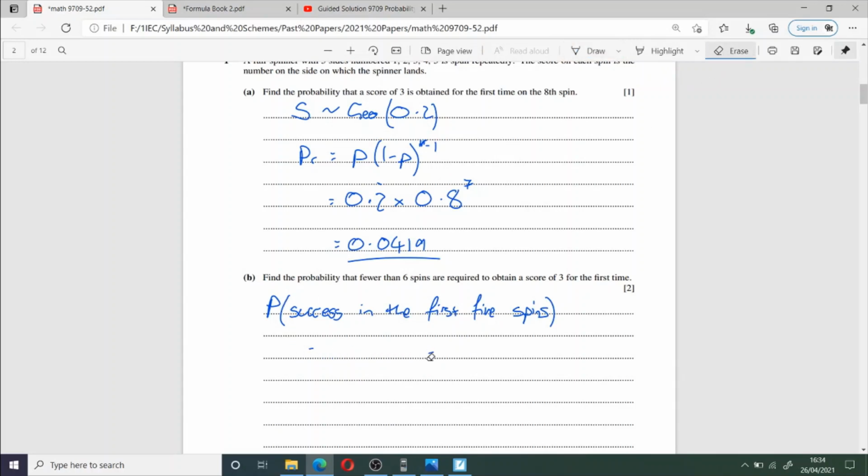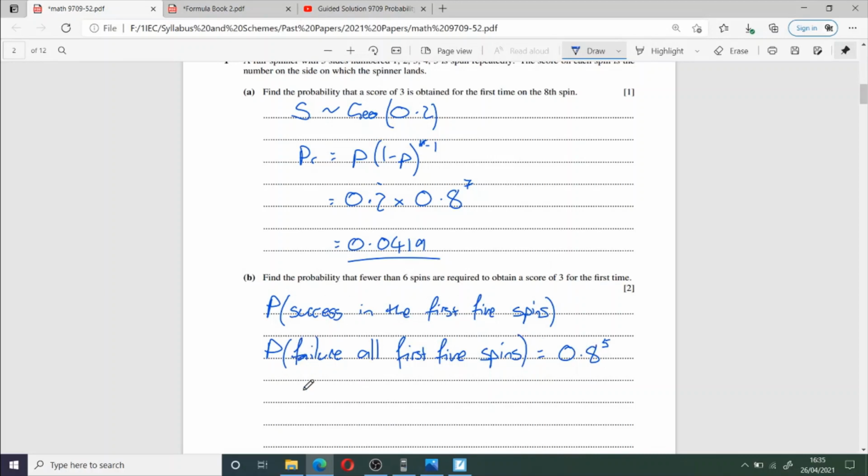Instead, let's work out the probability of the opposite situation. So the probability of failure on all of the first 5 spins. Well, the probability of failing on all of those first 5 spins is 0.8 to the power of 5. Now if we didn't fail on all of those first 5 spins, that means that we've had a success in one of those times.